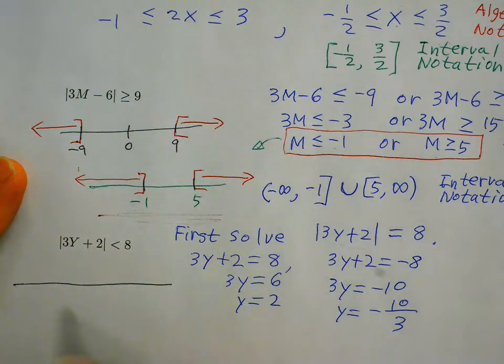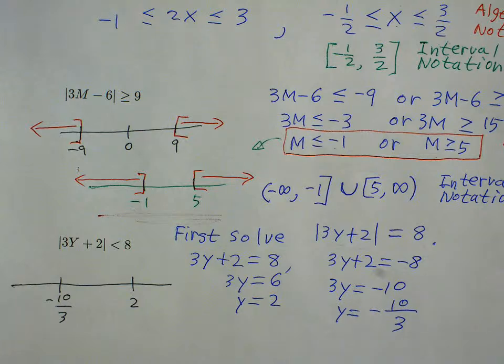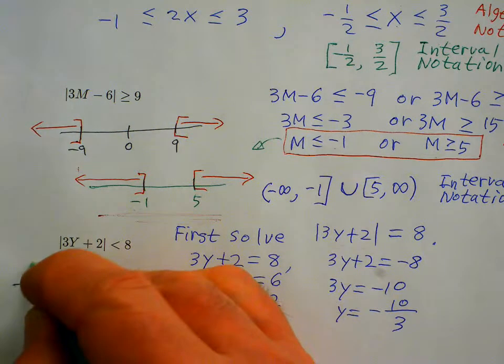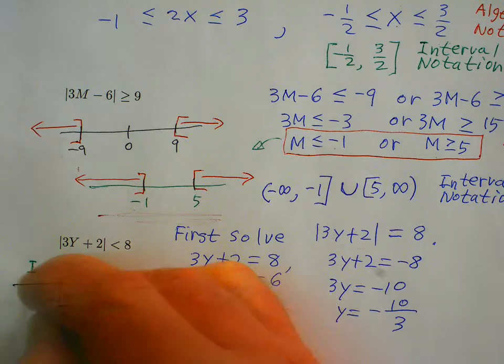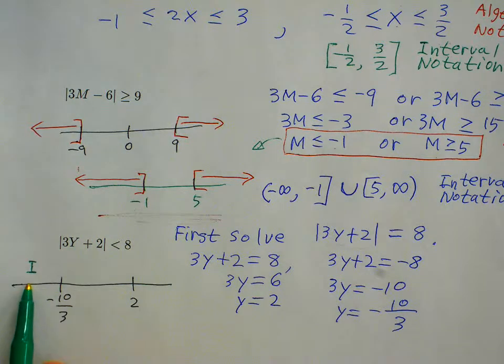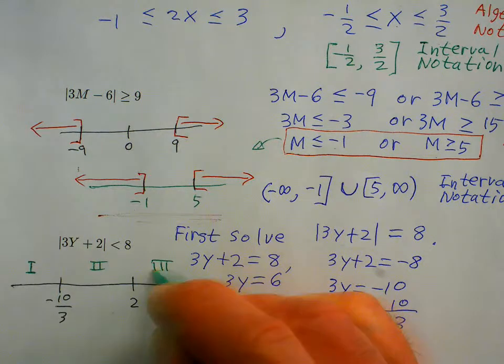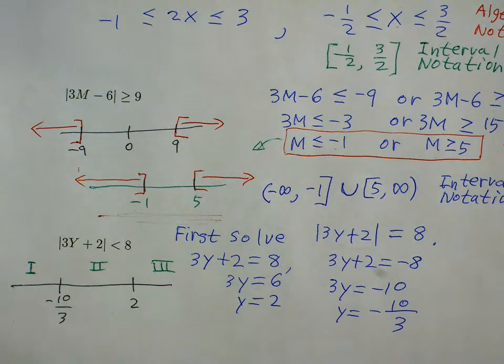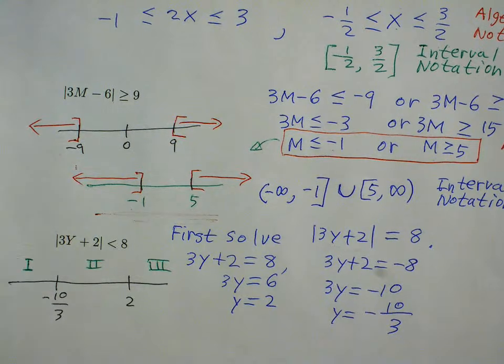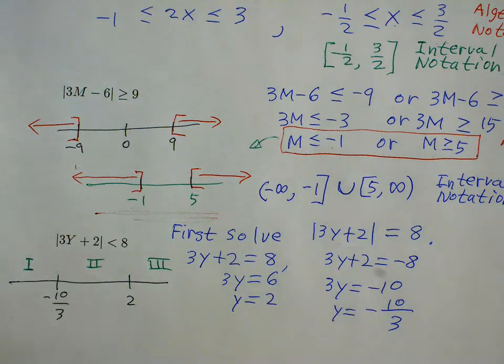So negative 10/3 is to the left of positive 2. And those two numbers divide the number line into 3 separate intervals. Now I'll label the intervals 1 on the left, 2 in the middle, and 3 on the right. So this is the test point method.